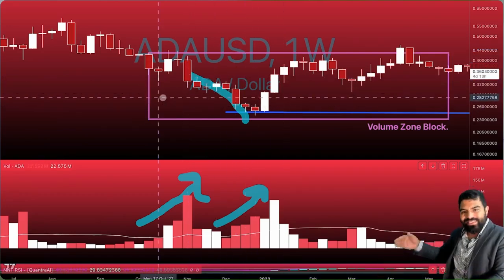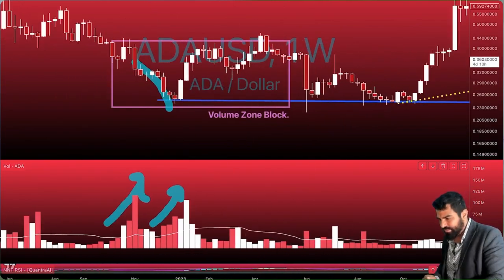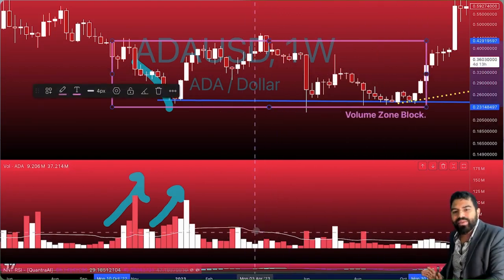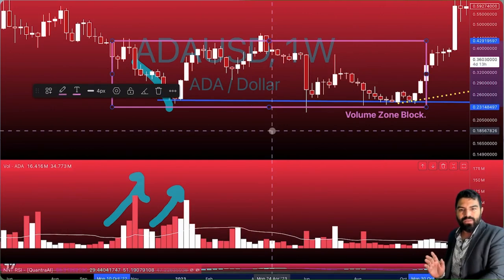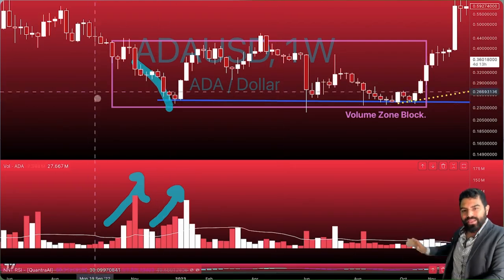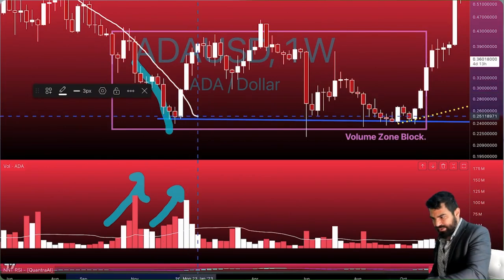But after drawing the block, now I know to look in this area. I stretch it out, and I keep seeing that every time I'm in this area there's a strong increase in volume. It could tell me they're accumulating. Now I know they accumulated once, and then the original flow was broken.